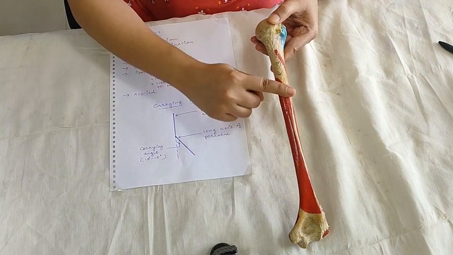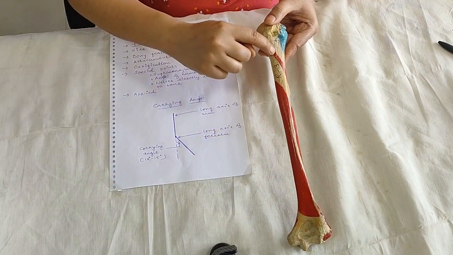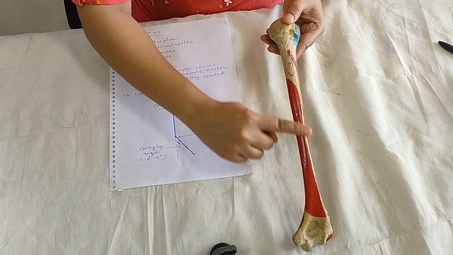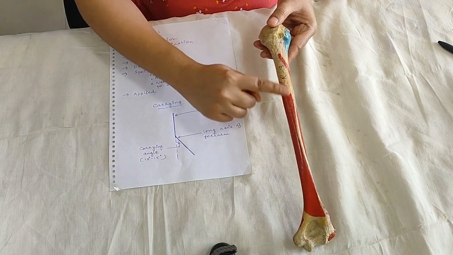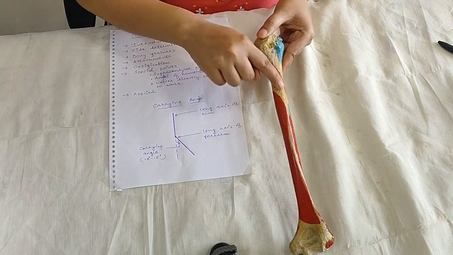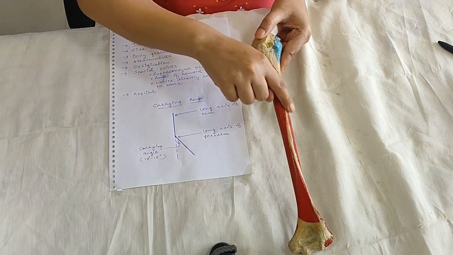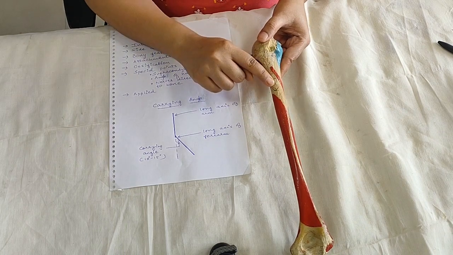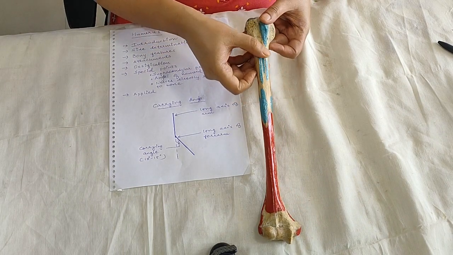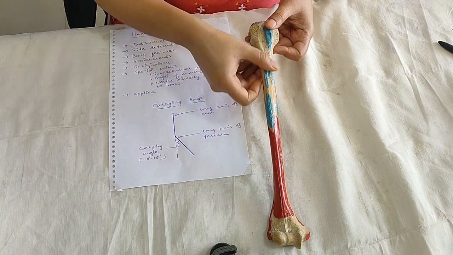So on the posterior surface, the lateral head and the medial head of the triceps brachii muscle get origin, and through this radial sulcus, the radial nerve passes along with the profunda brachii artery. This is about attachments over the shaft.